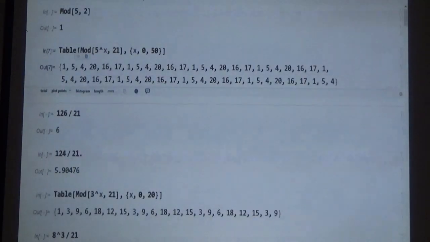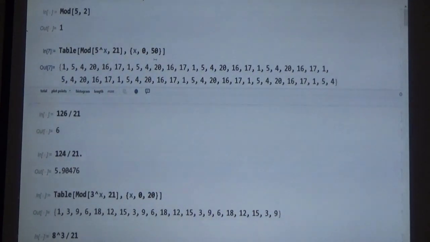I'm making a sequence of exponents of some number 5, and I'm varying x, the exponent, and you will see that this is a periodic function. The answer for this modular exponent is 1, 5, 4, 20, 16, 17, and then the sequence repeats itself. So the R for this is 6.